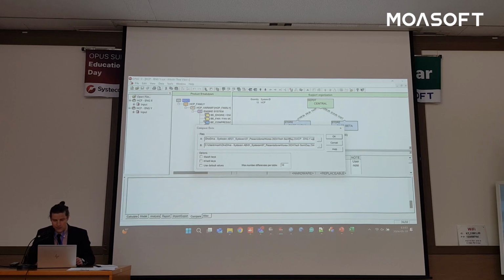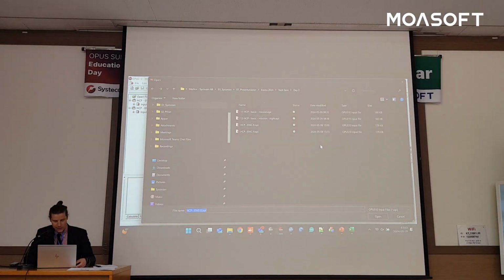You see that this is the engine Y alternative. And that file is going to be compared with the engine X alternative. I hope you can read, I know it's kind of small. Anyway, those were the two files that I had open now. So they were selected directly, but I can of course select any of the input files that I want to compare.